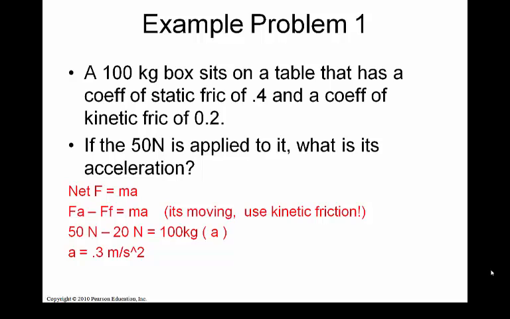So Fa minus Ff equals ma. It's moving, so for Ff we'll use kinetic friction. 50 newtons minus 20 newtons equals 100 kilograms times a. a equals 0.3 meters per second squared.